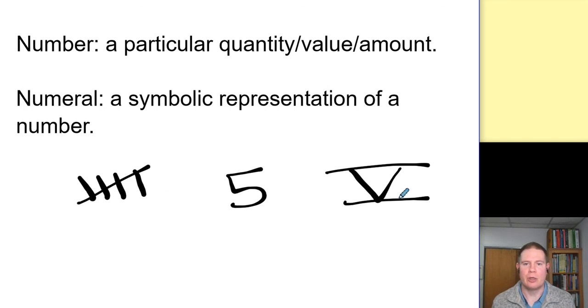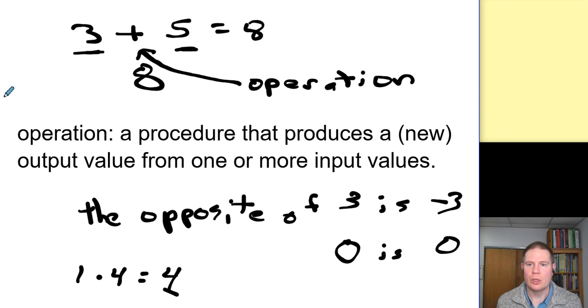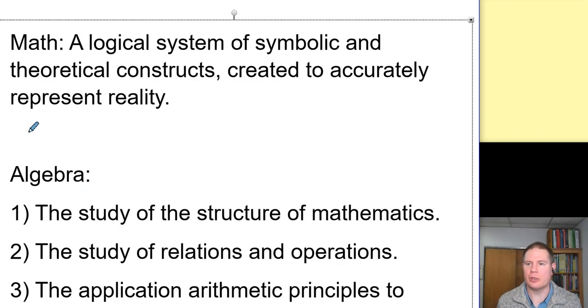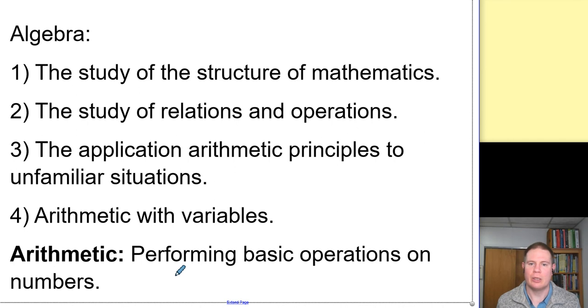Right? Now we're going to stick to the Indo-Arabic numeral system that you've been mostly dealing with since you're a child. But these are three different numerals all representing the same number. Right? So there's numbers. We talked about operations. So if we've got numbers and operations, then we can understand arithmetic as performing the basic operations on numbers.